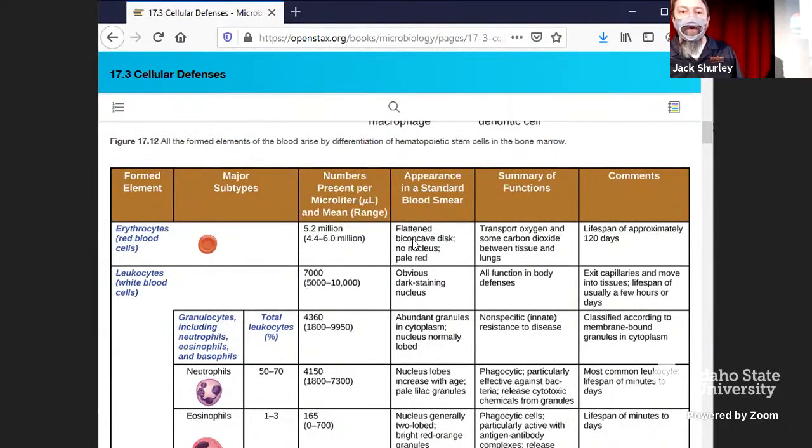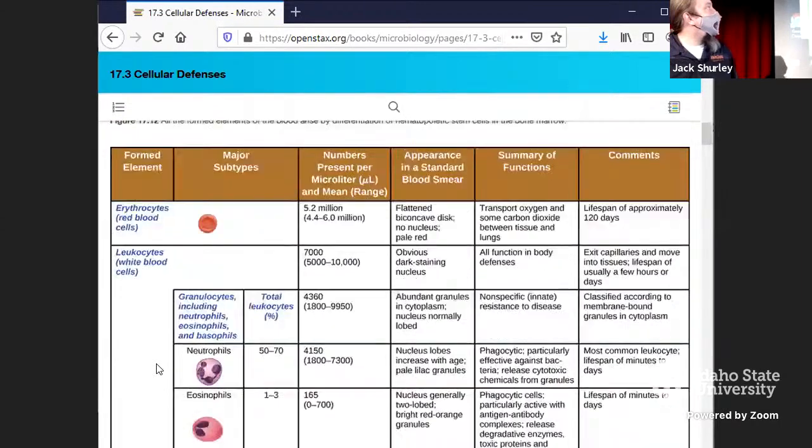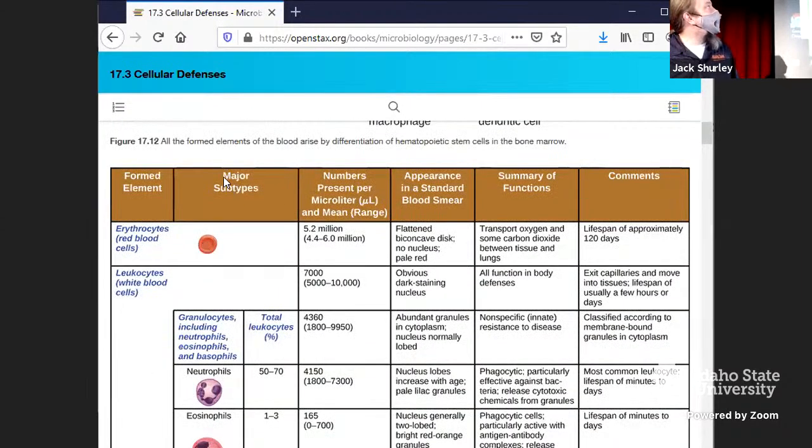I have looked through it and I thought we should spend a second just going over a little bit of it. So we've got a handful of different formed elements that we will look at as we progress through here. And then the specific subtypes and then concentrations and some details about them. So you don't need to get bogged down with some of this stuff, like percentages.